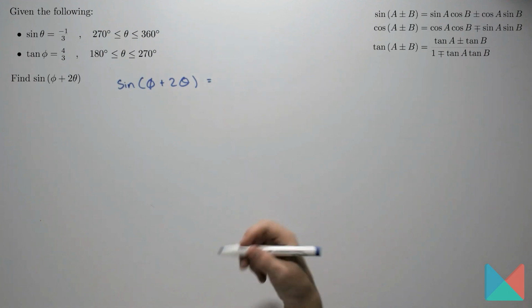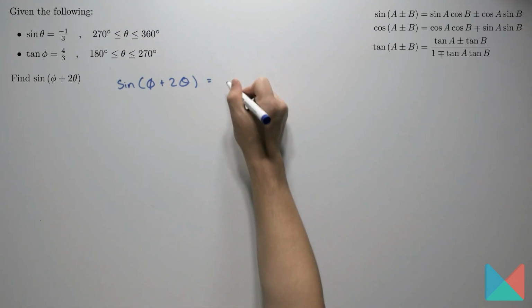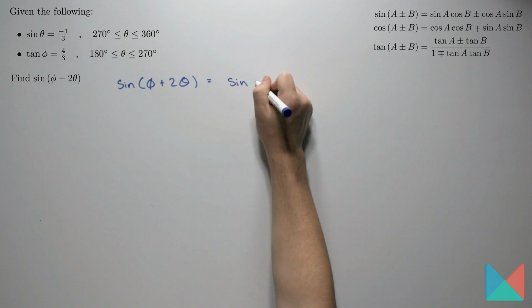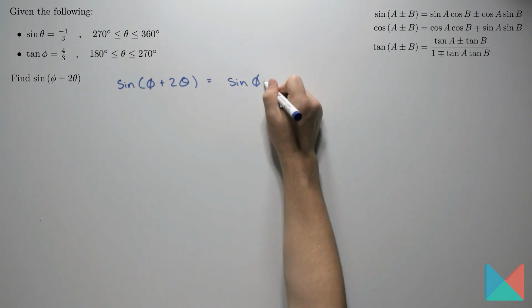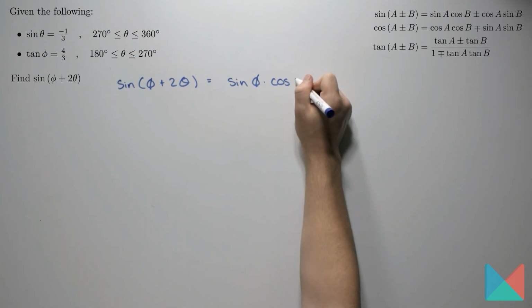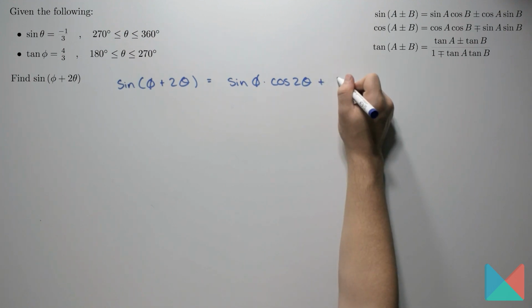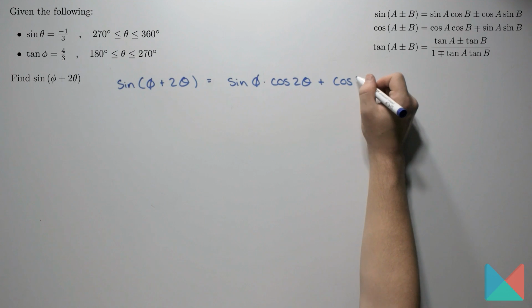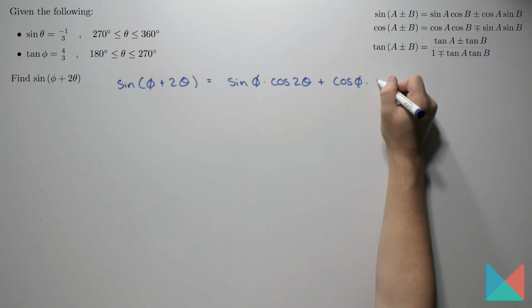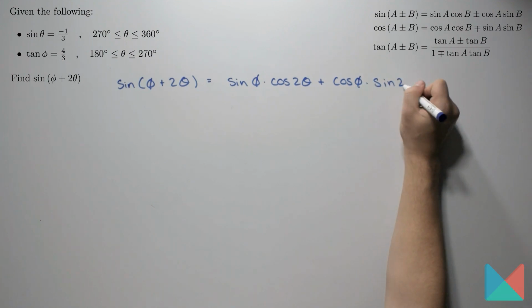So let's do that. That's a good place to start. We will have sine of our first angle, sine of phi, times cos of our second angle, cos of 2 theta, plus cos of our first angle, times sine of our second angle.